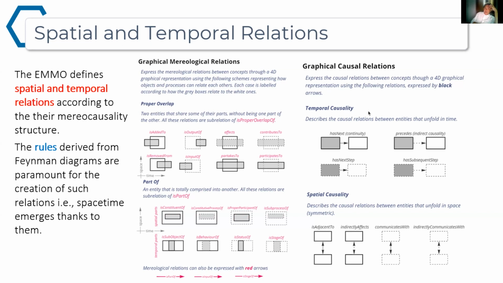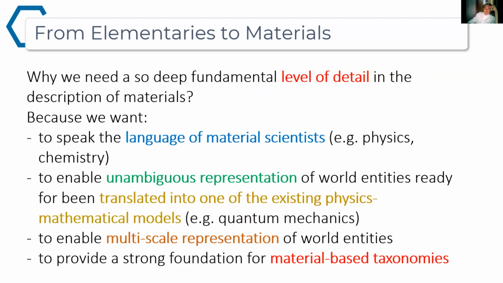So what we did in CoBrain, for example, was not to bother the partners with Feynman diagrams and so on, but simply provide the CoBrain partners with this set of high-level relations, and ask them to express their knowledge using these high-level relations. I will show you later how this went.